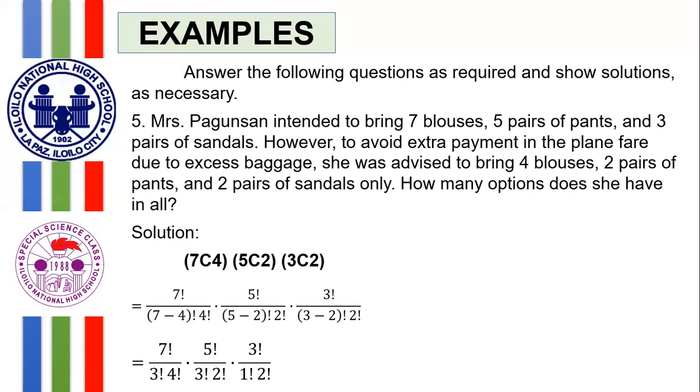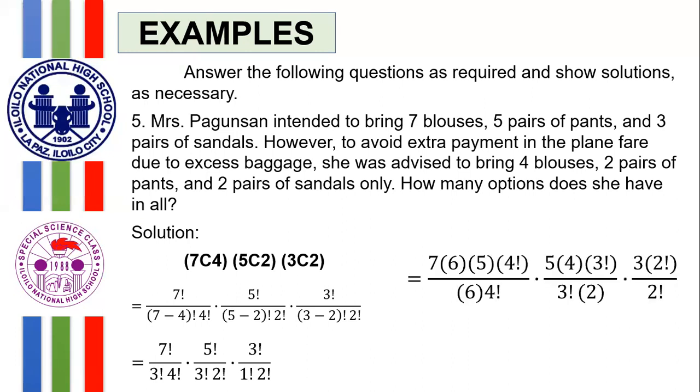This is achieved by simplifying only the difference inside each parenthesis. And using the definition, for the first one, 4 factorial in the denominator is the highest factorial, so I have to stop with 4 factorial in the numerator as well: 7 times 6 times 5 times 4 factorial. The 3 factorial here is 6.